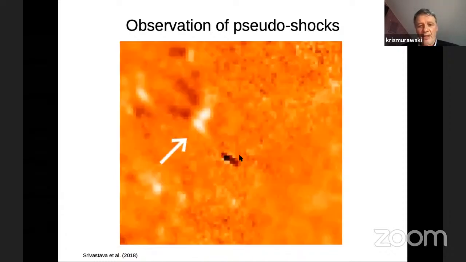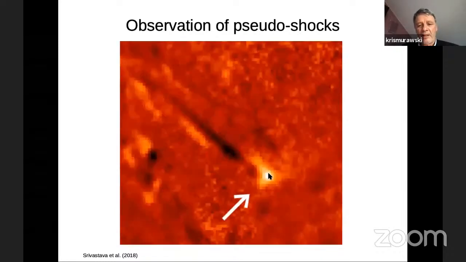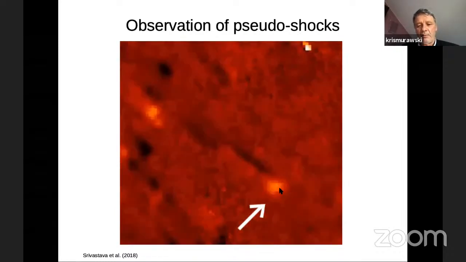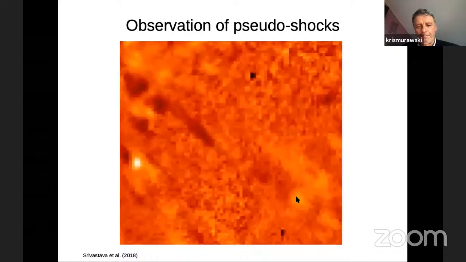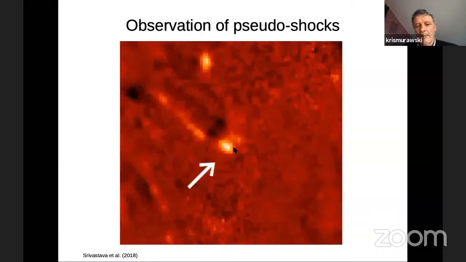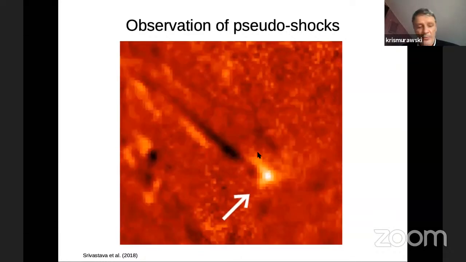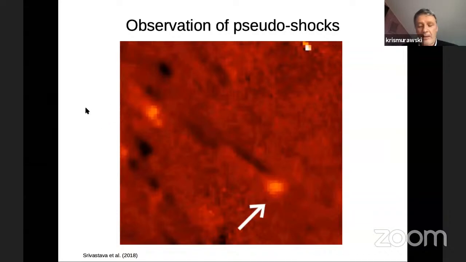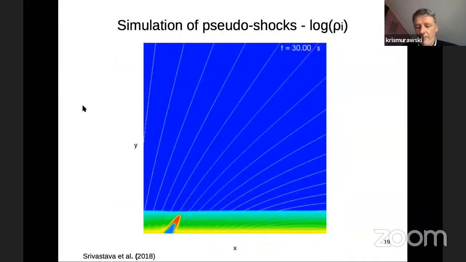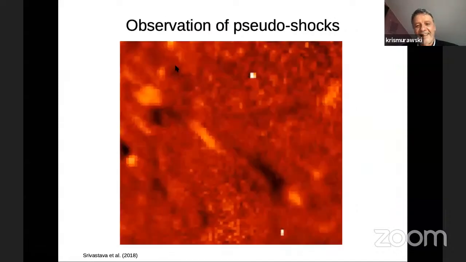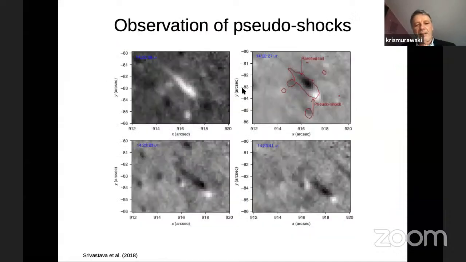sun. That's a chromospheric level, and this white region corresponds to a denser plasma, the dark region to rarefied plasma. I will perhaps show 4 still frames.